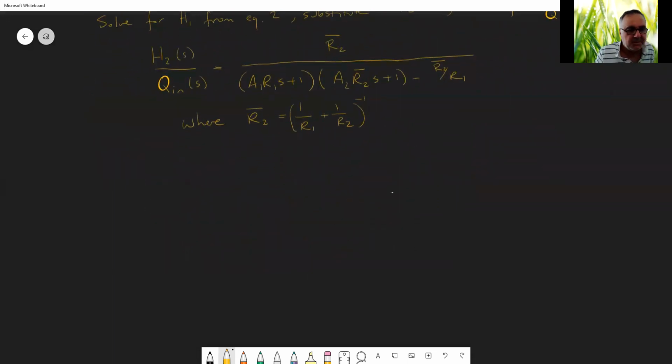Okay. So one last thing before we stop. You can connect your tanks in a different manner. For example, you might have the following. You might have one tank flowing to the other one. So you might have Q in, and the flow from one tank might cause the flow to the other one.